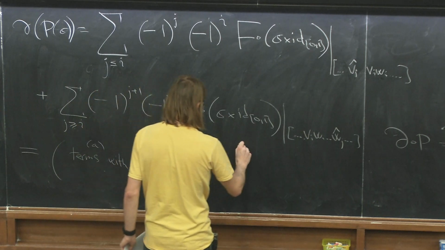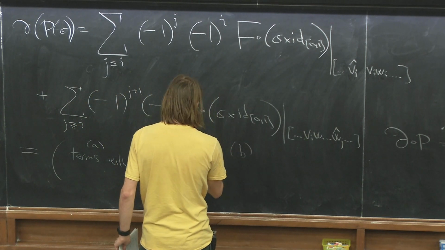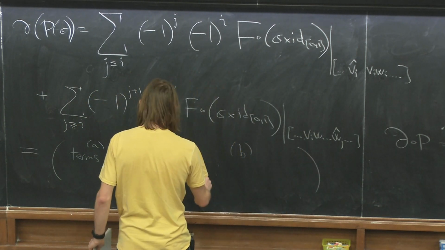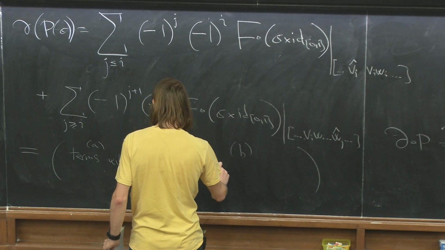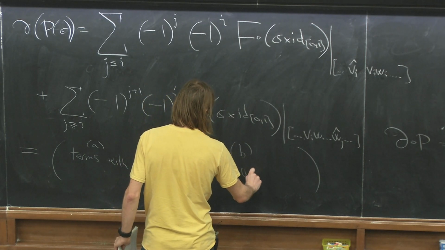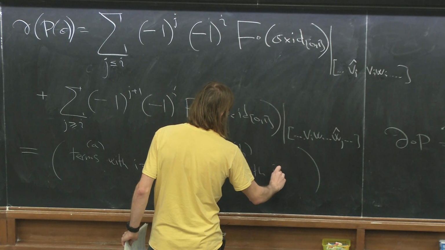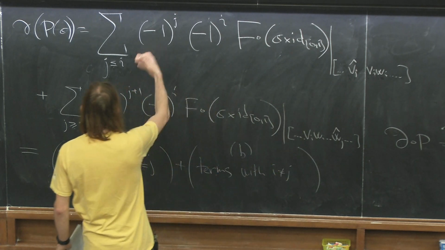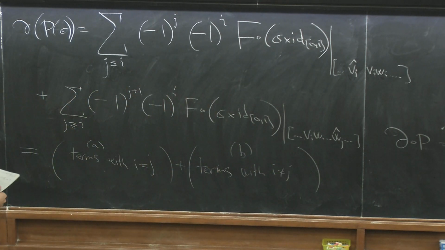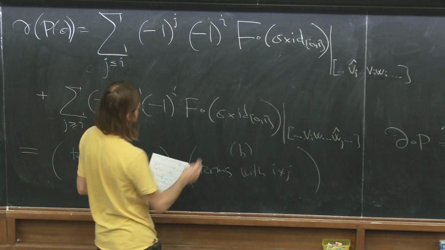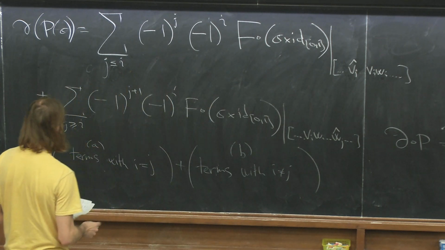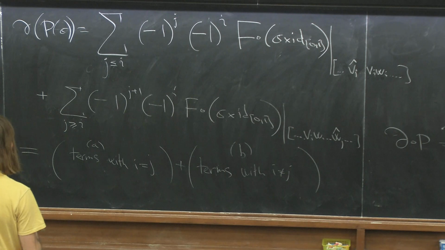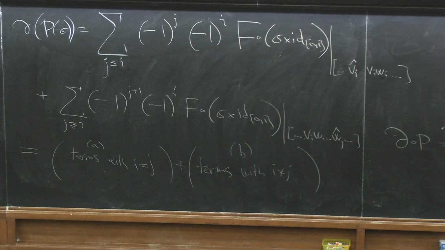And the second piece, which we'll call B, will be everything else, terms with i not equal to j coming from either of these two terms which we have here. Okay, let's deal first with A.